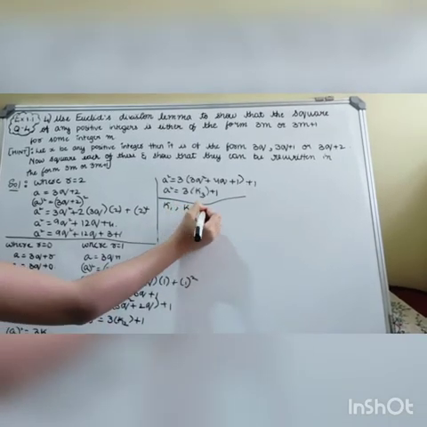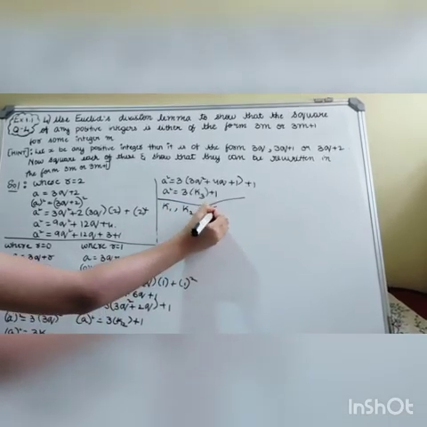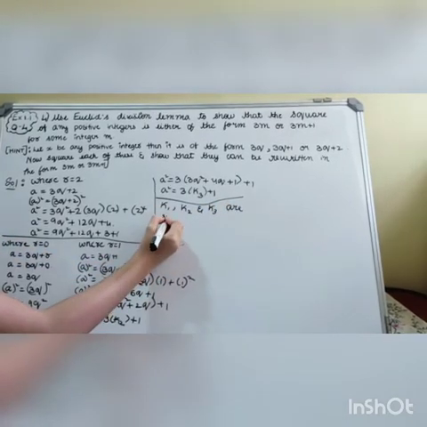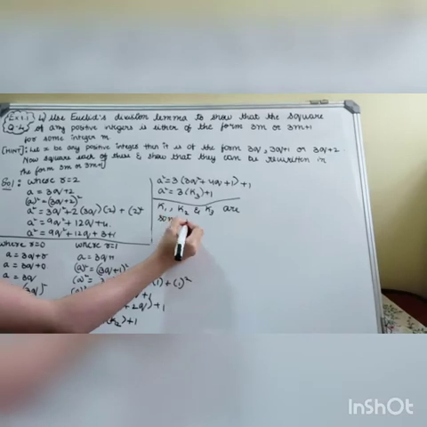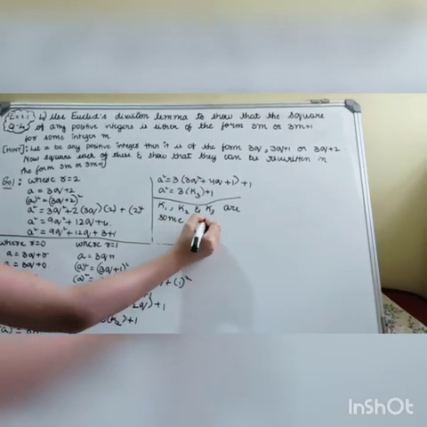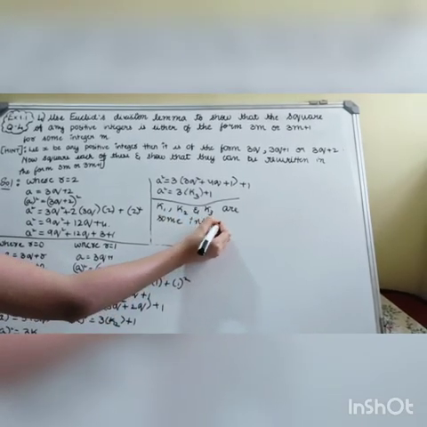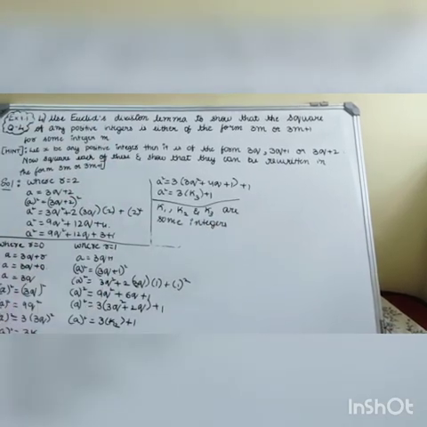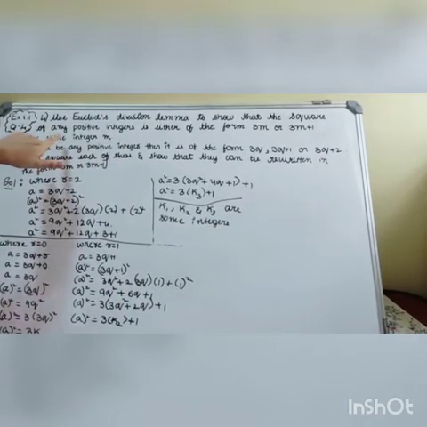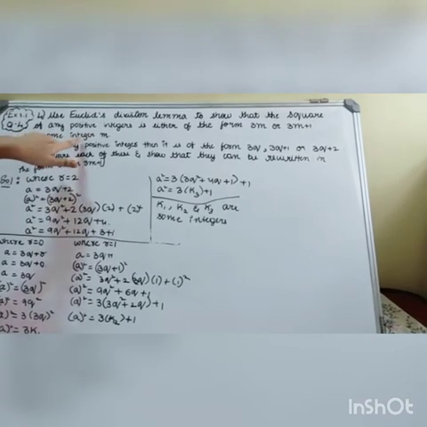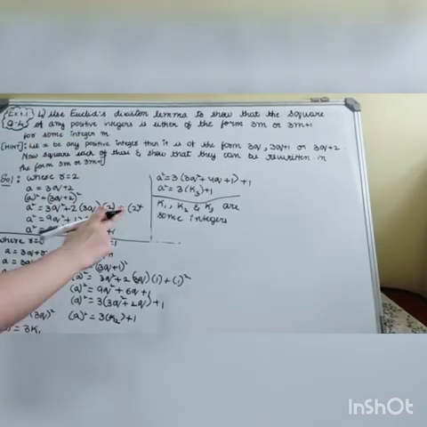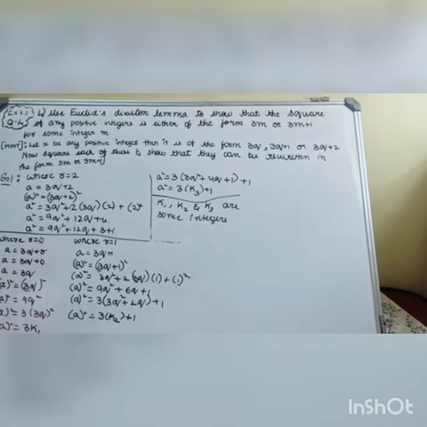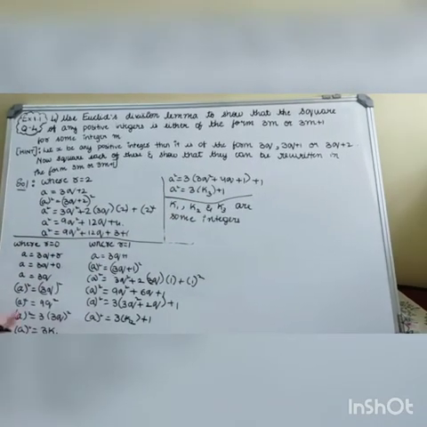Now k1, k2 and k3 are some integers. In the question it is given that m is also some integer. So where k1, k2 and k3 are there, we can write m.